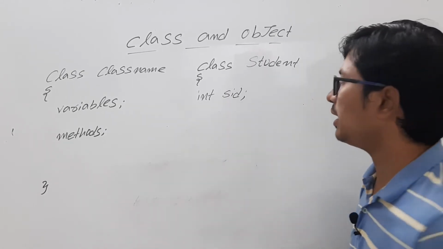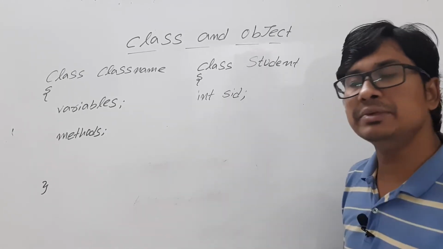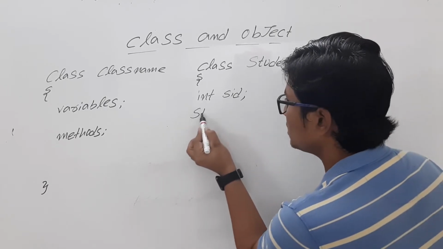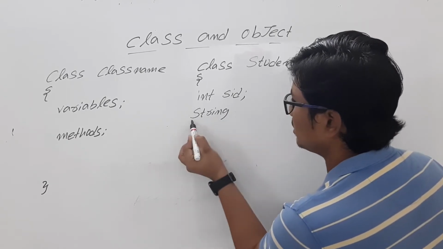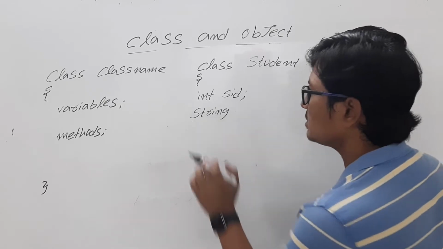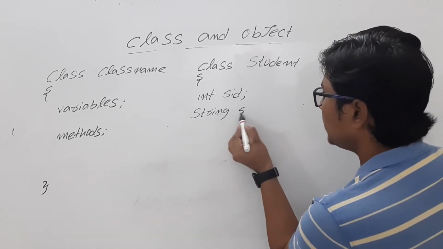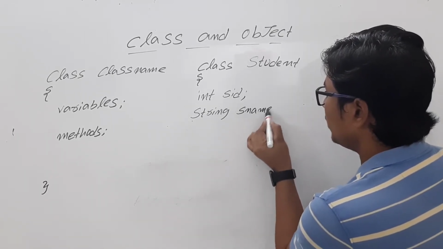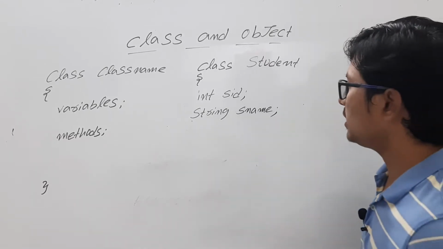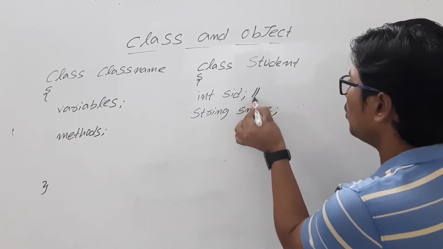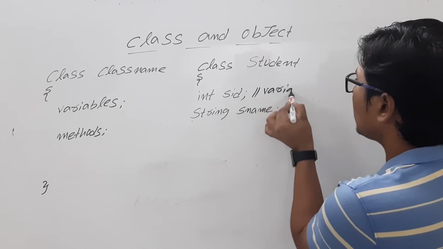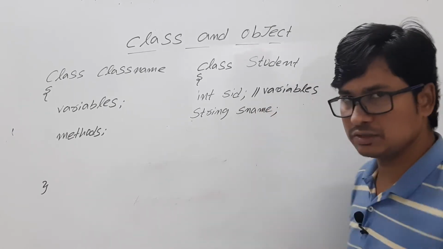So one variable I have created. And student name is a String, so I need to use String where S is a capital letter. Remember one thing, S is capital, and I'm making a variable called studentName. These are the two variables, and what kind of variables they are I will discuss with you.